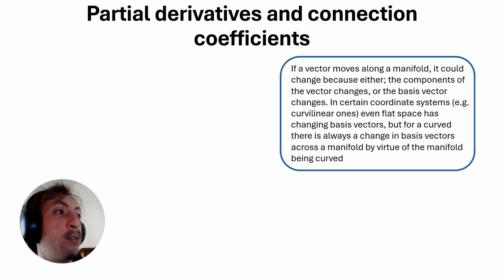Whatever coordinate system we pick for describing a manifold with curvature, the basis vectors of that coordinate system will necessarily change, which usually means we have to describe the manifold in terms of lots of different coordinate systems connected together. Definitely if you're using Cartesian coordinates, that is what you would have to do.